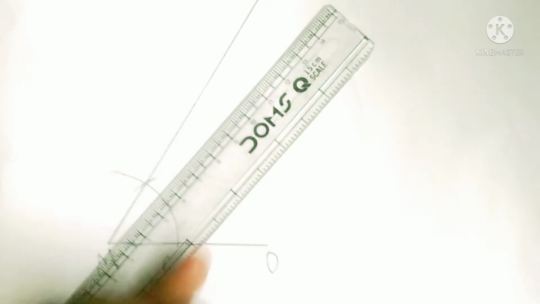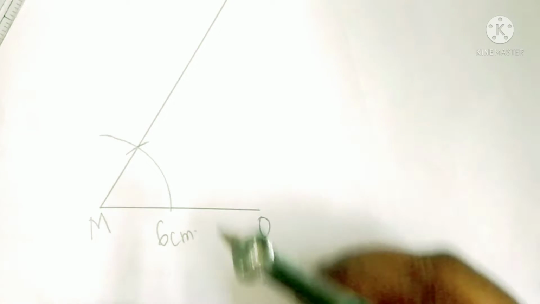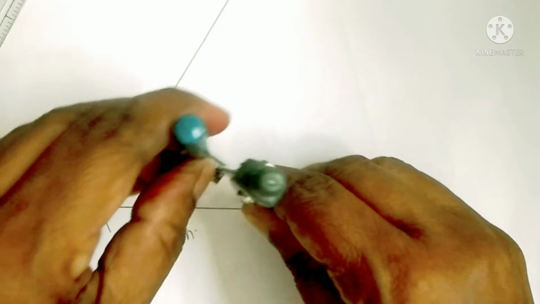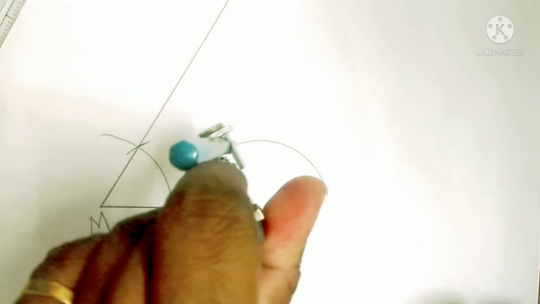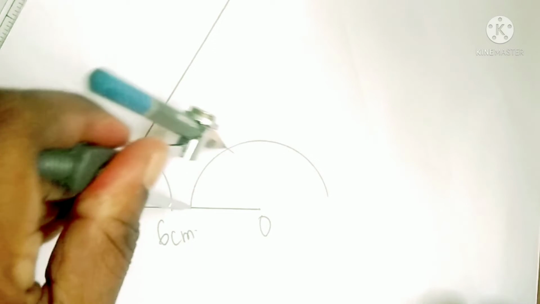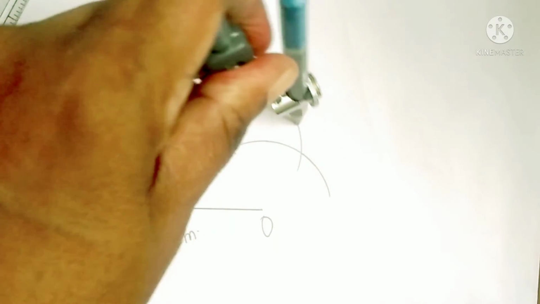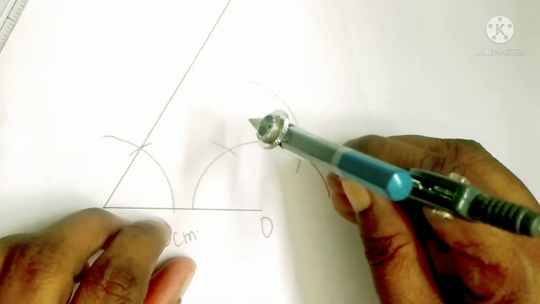Okay. Now, at O you need to make an angle of 105. So, first we will make 60 and 120. So, first to make 60 once, then to make 120, a little longer if you make, it will be easy for you to make 90.